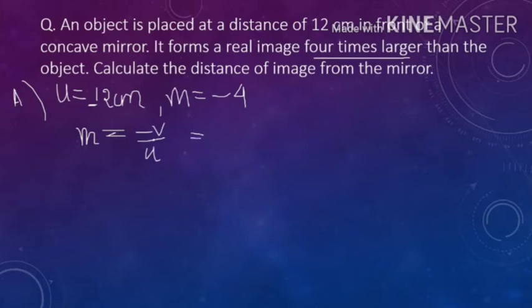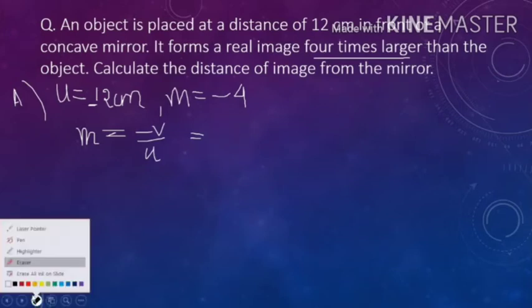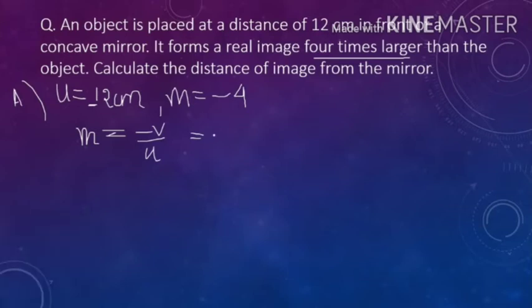We don't know the value of v, so let it be minus v only. The value of u is minus 12, and the magnification is minus 4.